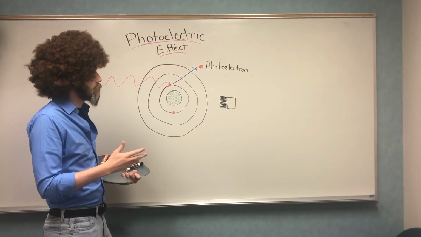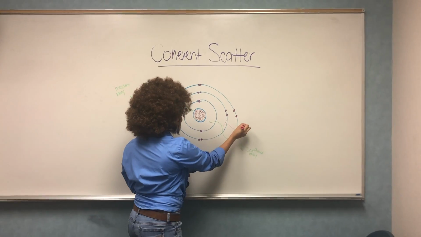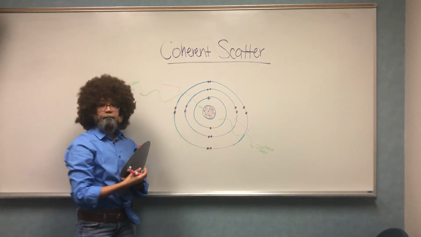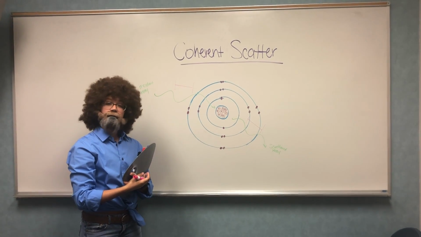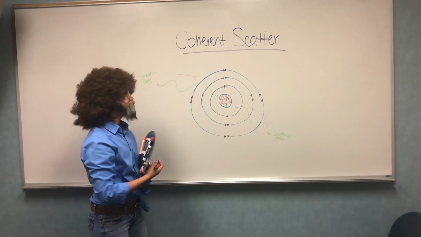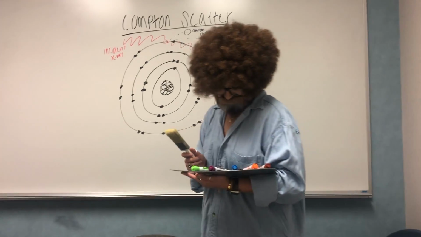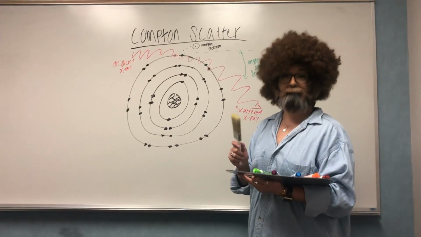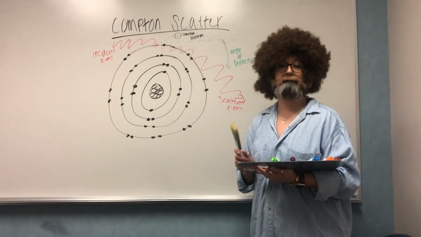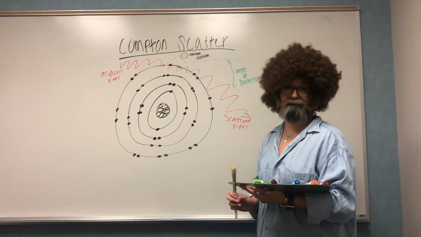You always want to take into consideration the photo X-ray, but I feel like I'm talking in circles. It doesn't look the same, but that's okay. We're not all great artists. And this right here was just a happy little mistake. But you get the point. Compton scattered X-rays can be deflected in any direction, including 180 degrees.